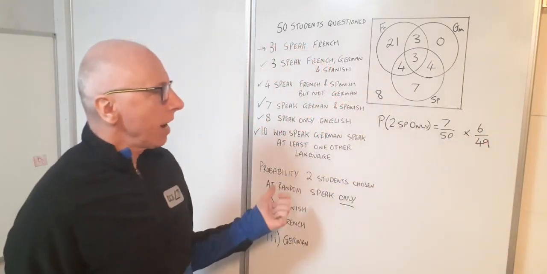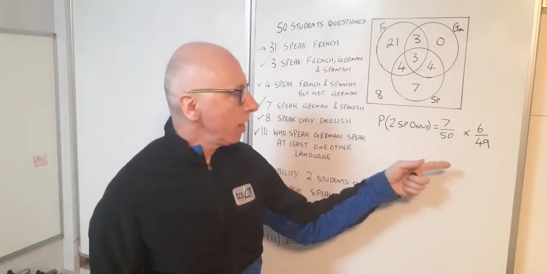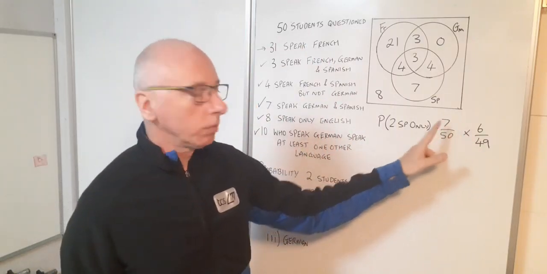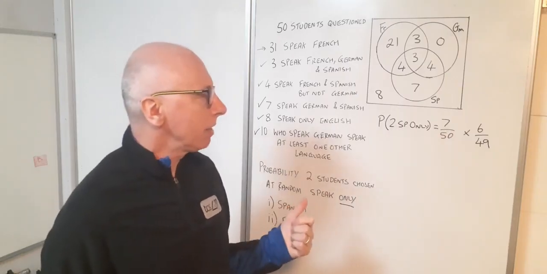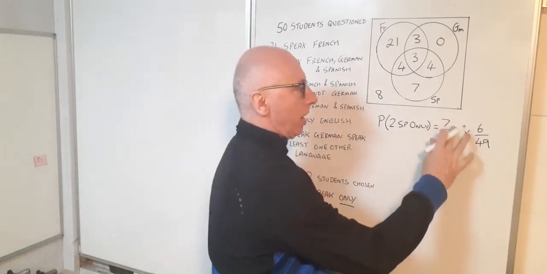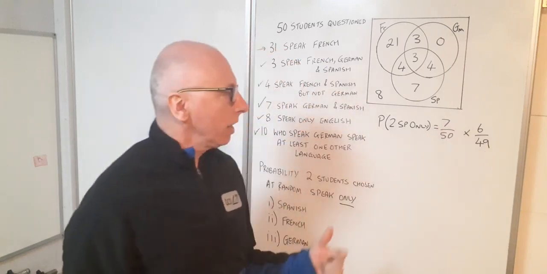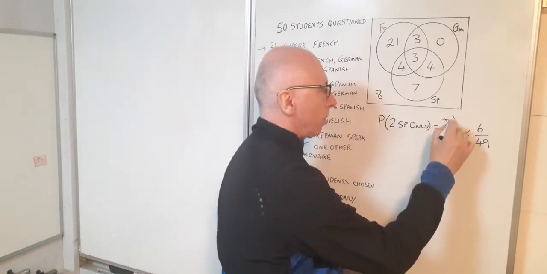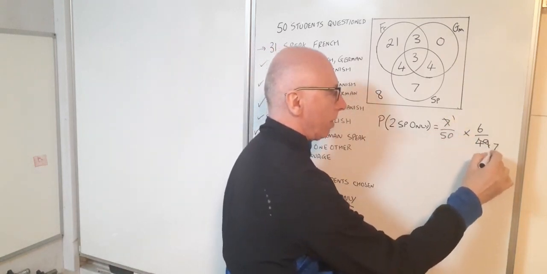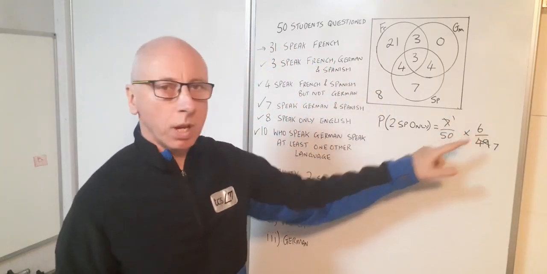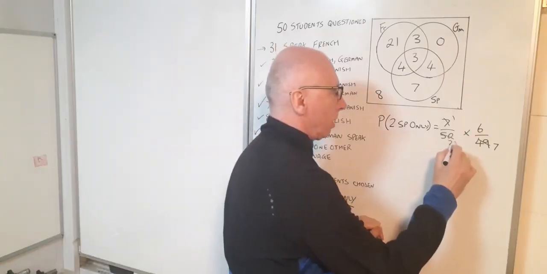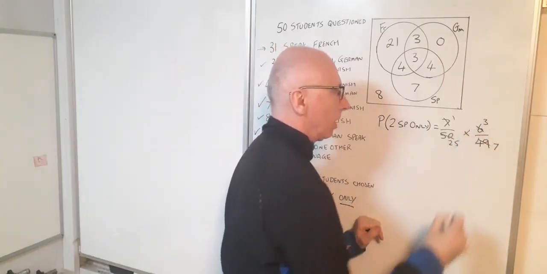Now I can go straight in and multiply these out, or I can do some cancelling to make the final answer a little bit easier. So 7 and 49, I see straight away, 7 sevens are 49, so that turns to a 1, that turns to a 7. Then I've got 50 and 6, well 2 will go into those. So I've got 25 and 3.